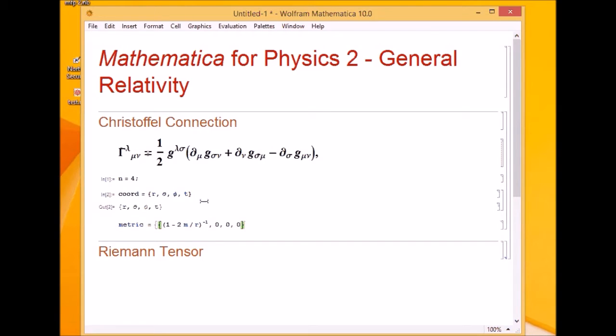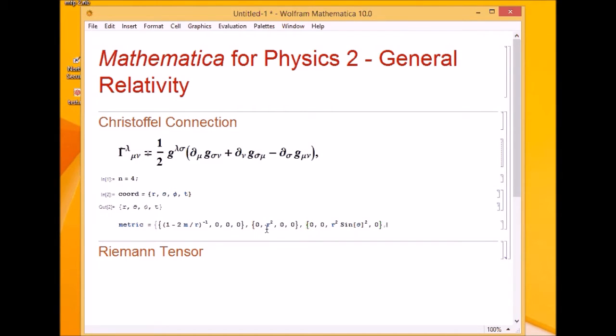Notice that I am entering a matrix. So a matrix is composed of 4 lists, 4 by 4. So the next would be 0, comma r square, comma 0, comma 0. The next one would be 0, comma 0, comma r square sine theta square, comma 0.